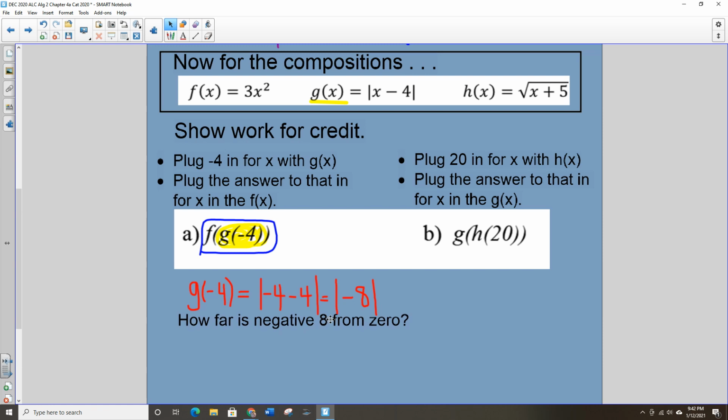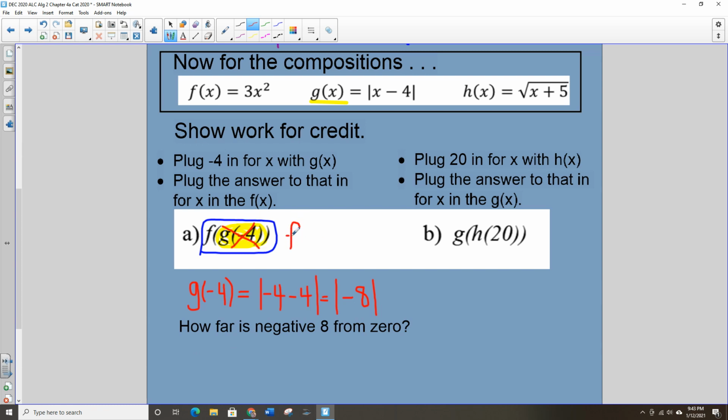When we're measuring distance, we just measure it as a positive measurement. We might say north, south, east, or west, but we don't say negative 200 miles. So we're asking how far is negative 8 from 0? The answer is 8. So now we found out that this inner part equals 8.